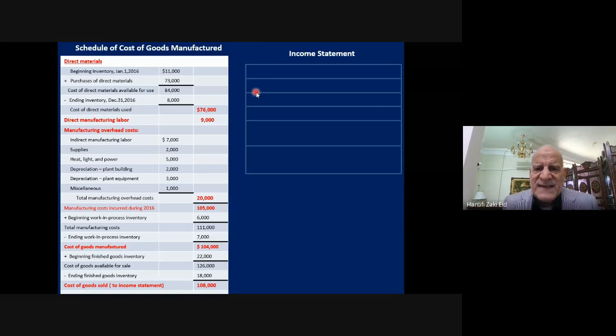We will subtract this cost from the sales revenue to have gross profit or gross loss. Yes, as you see now, this figure was transferred here.